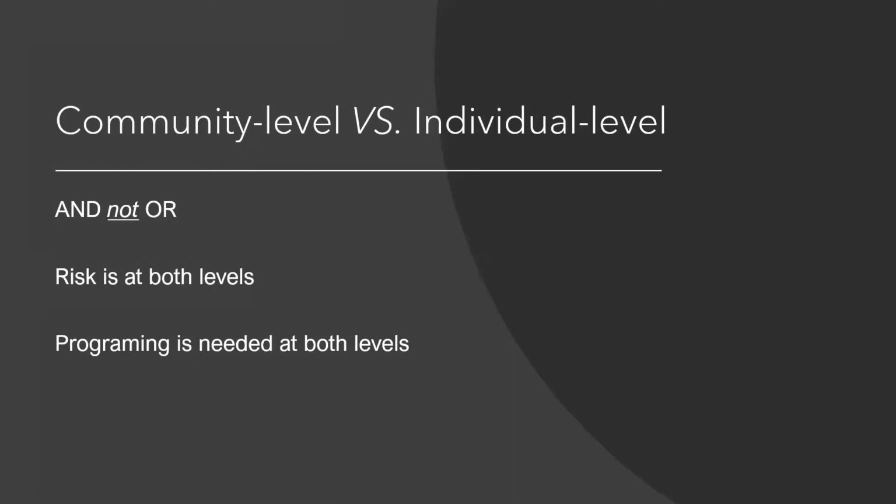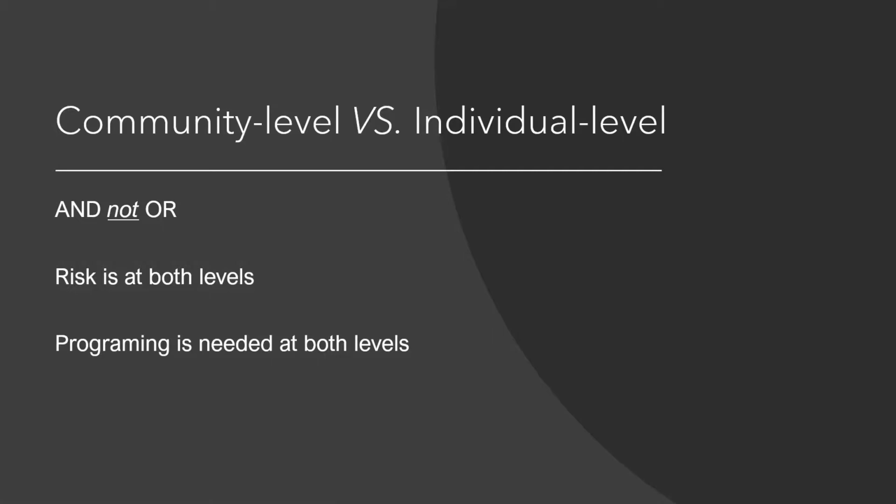The other thing to think about too is, and an important caveat that I make quite a few times every time I talk about this, is when we're also talking about community level risk versus individual level risk, it's important to know that this is an and conversation, it's not an or conversation. We shouldn't be addressing community level risks and ignoring individual level risks, but at the same time, we also shouldn't be doing the other.